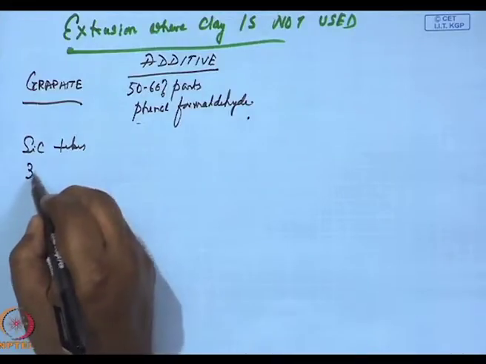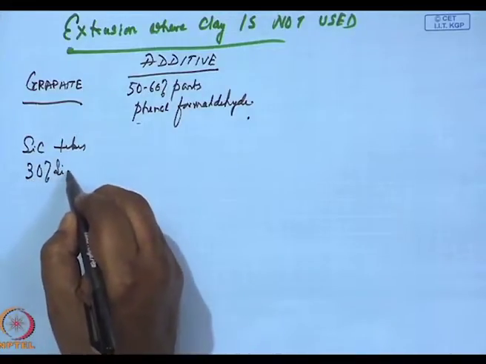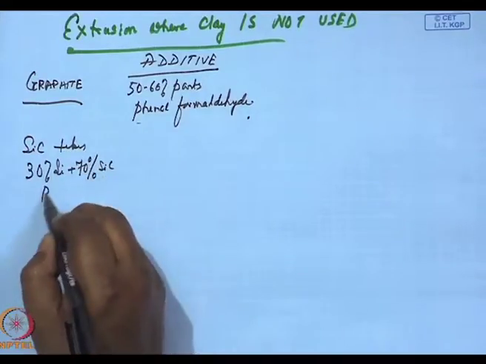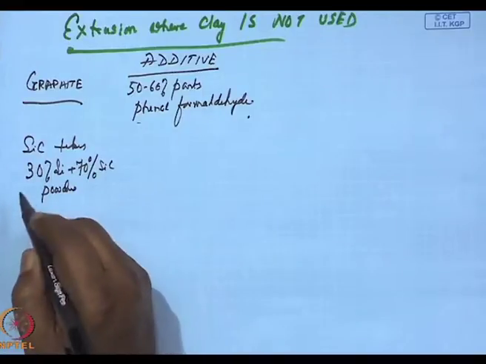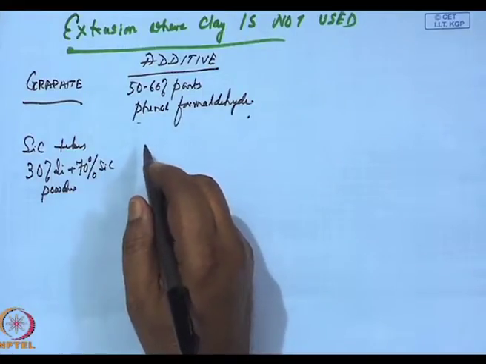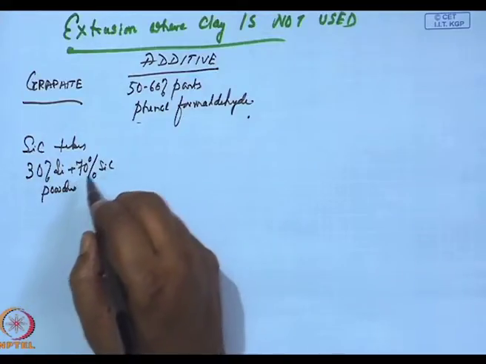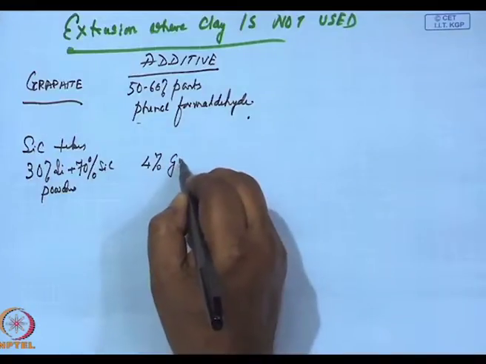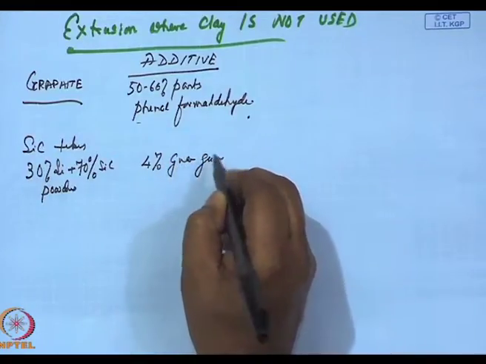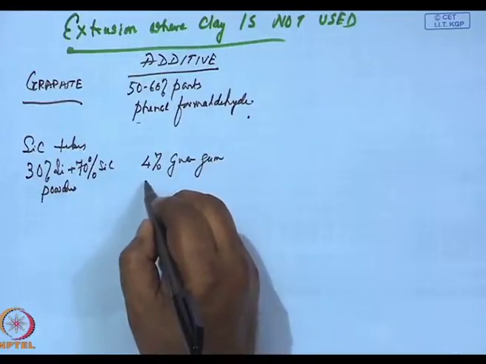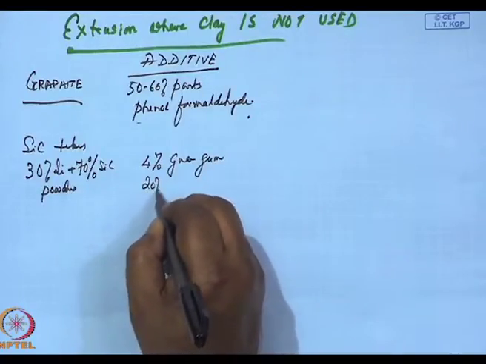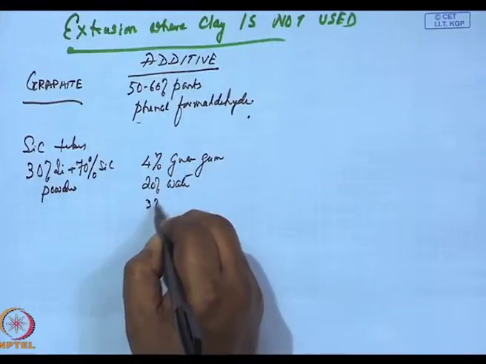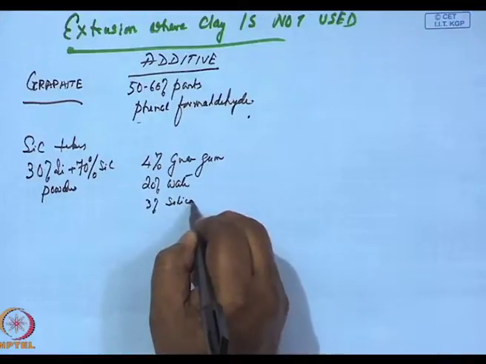I would take say 30% silicon plus 70% silicon carbide powders mixed, and here my additive would be say about 4% guar gum, 20% water and 3% silicone.